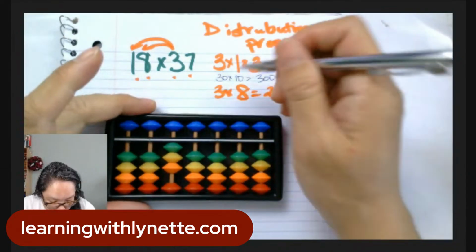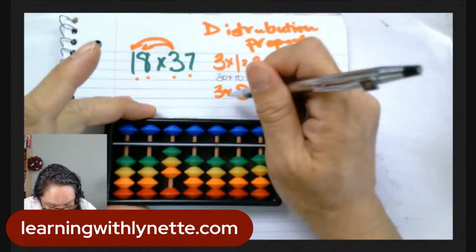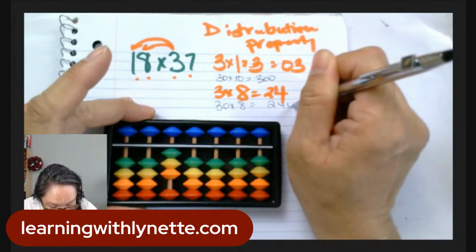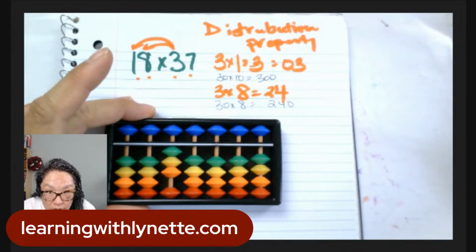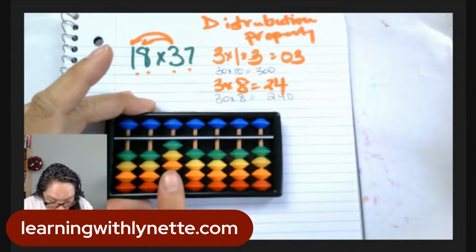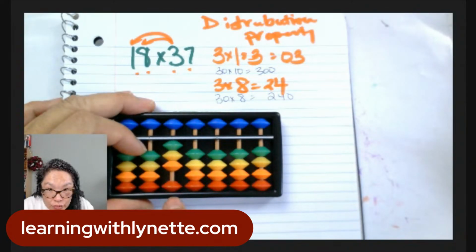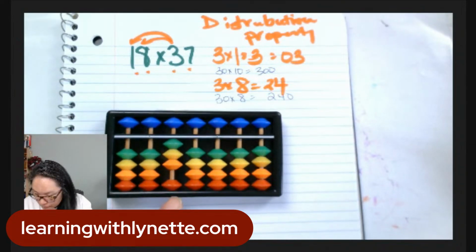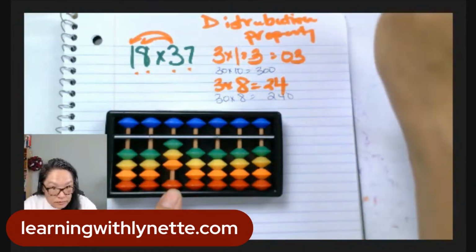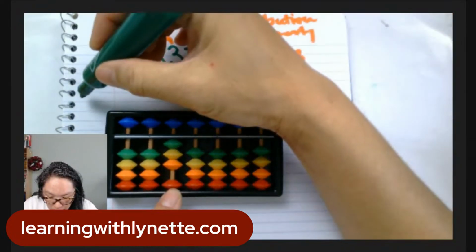So in mainstream math, we do 30 times 8 is equal to 240, right? But here, I go 240, 2. I want to add the 2. Jalen, how do I add the 2?